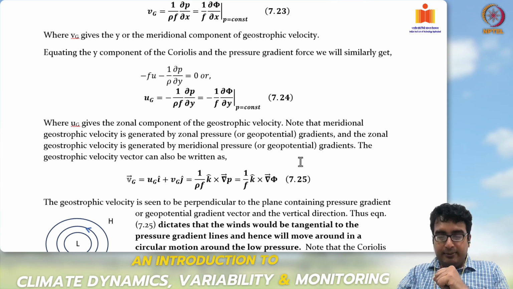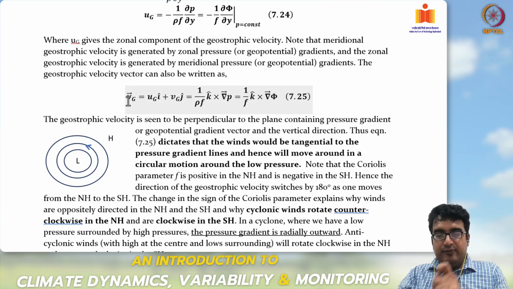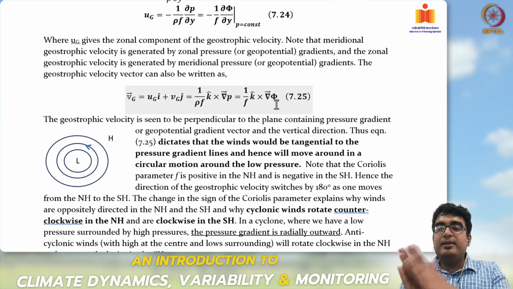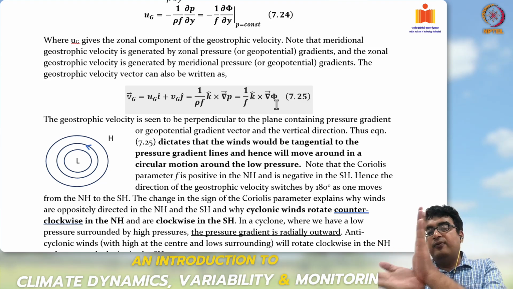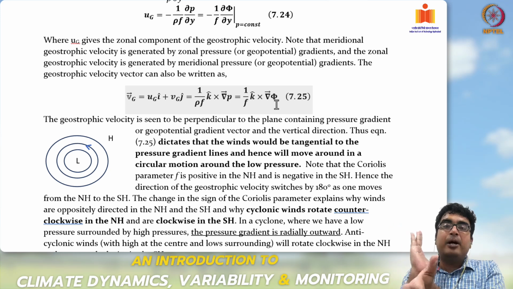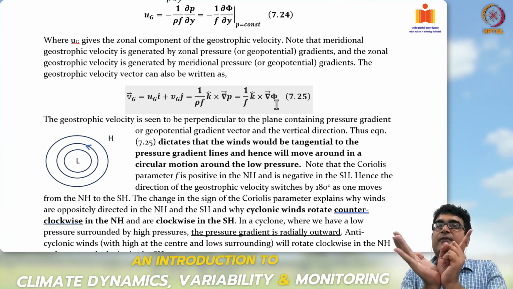So what does this mean? The geostrophic velocity vector is hence perpendicular to the plane containing the pressure gradient. The pressure gradient grad p or grad phi is one vector. Because it's a cross product with k, the vertical vector, the geostrophic velocity will be perpendicular both to the vertical vector and the grad p vector.